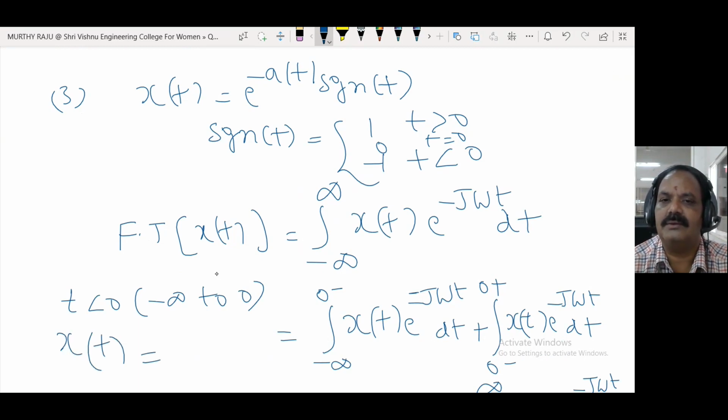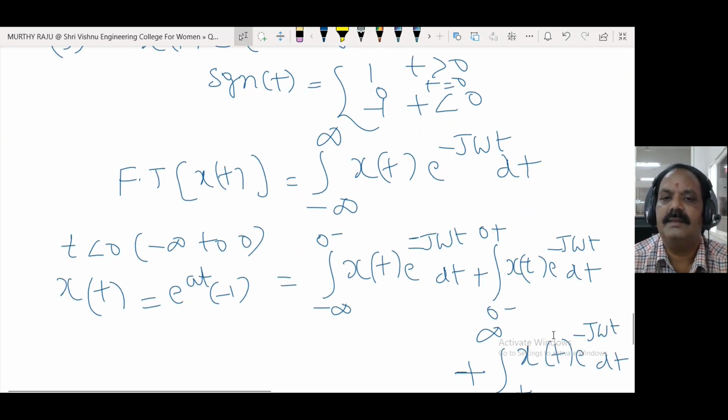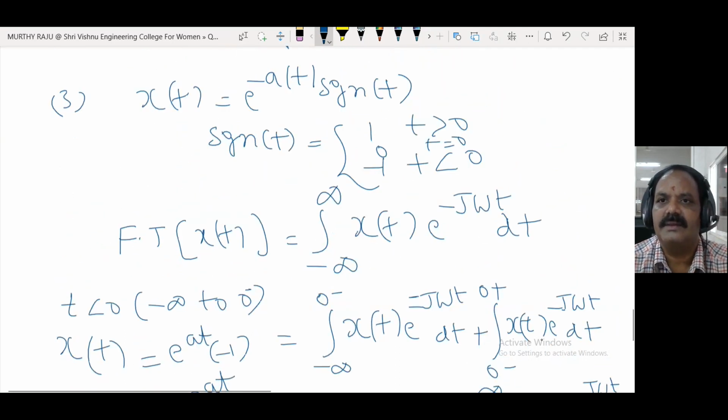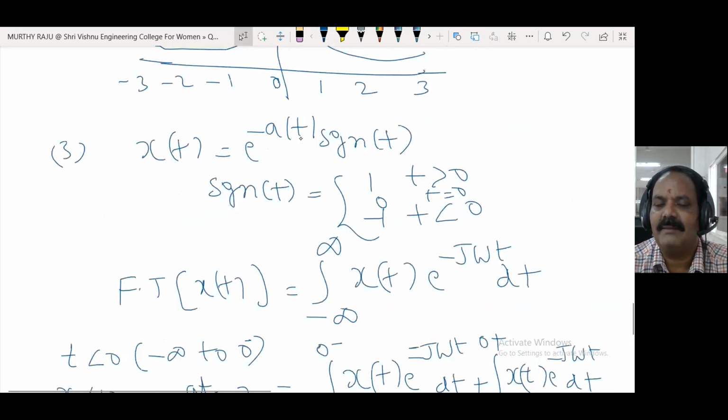The x of t is equal to e power a t, and signum of t is minus 1, that is minus e power a t. For t greater than 0, that means 0 plus to infinity, x of t is equal to e power minus a mod t, that is e power minus a t, and signum of t is 1.